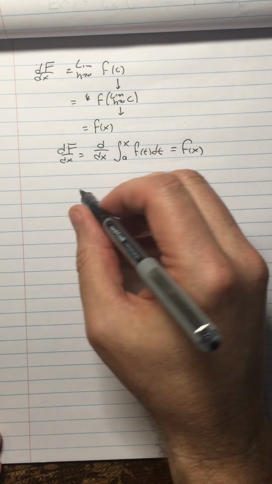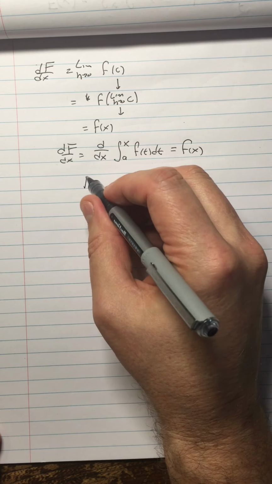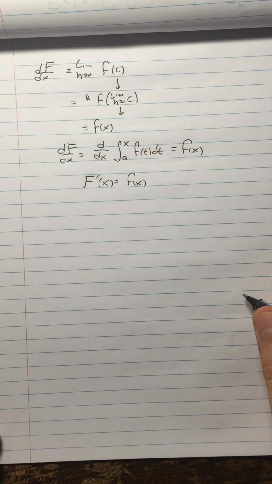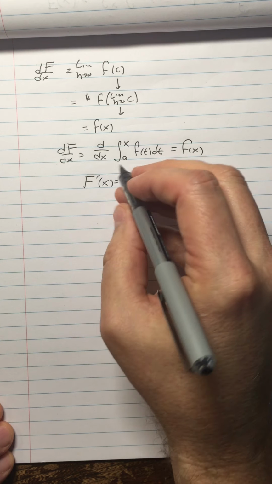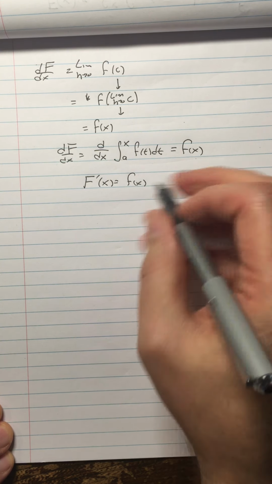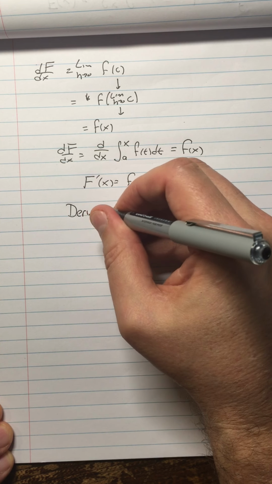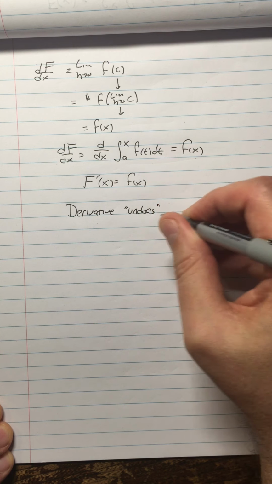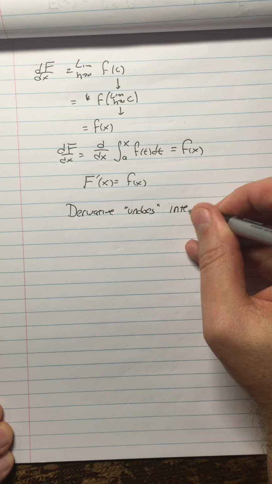So that means that capital F prime of x is equal to little f of x, would be another way to say that. All right, so what's really going on, see, the derivative of the integral gives you the original function back. Derivative sort of undoes the integral.